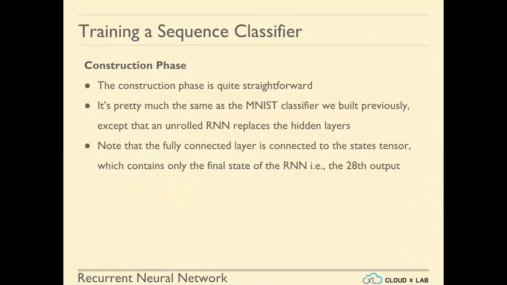Now, the construction phase is quite straightforward. It is pretty much the same as the MNIST classifier that we built previously, except that an unrolled RNN replaces the hidden layers. Note that the fully connected layers are connected to the states tensor, which contains only the final states of the RNN, the 28th output.